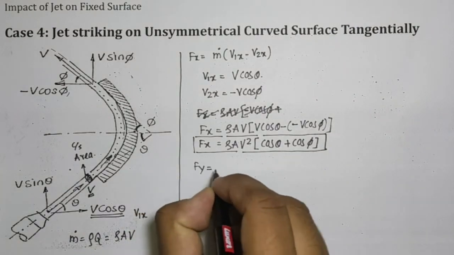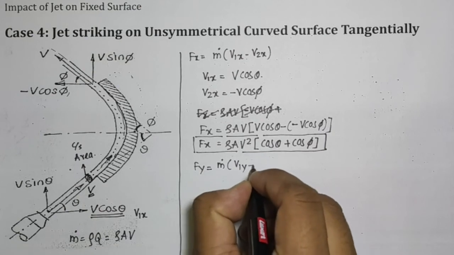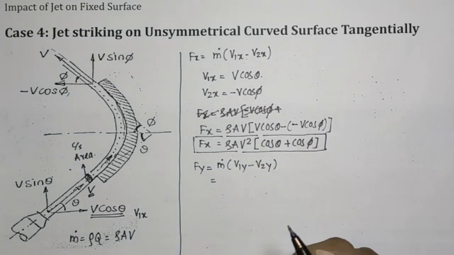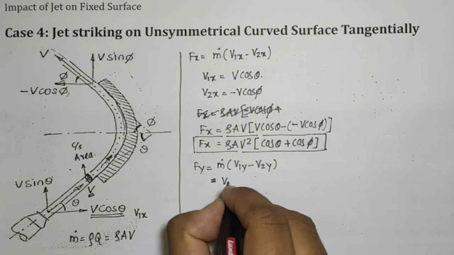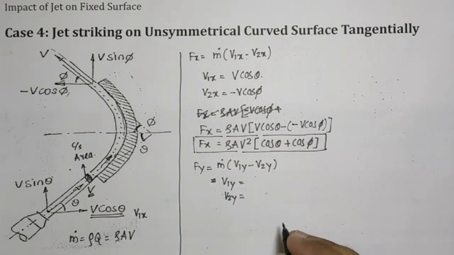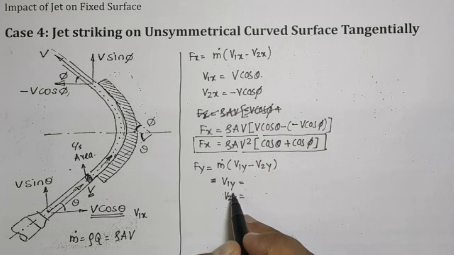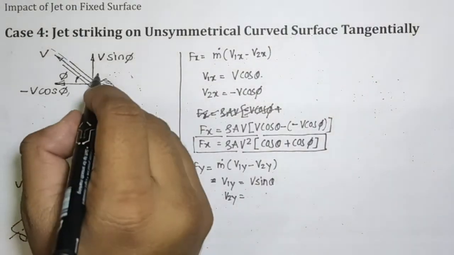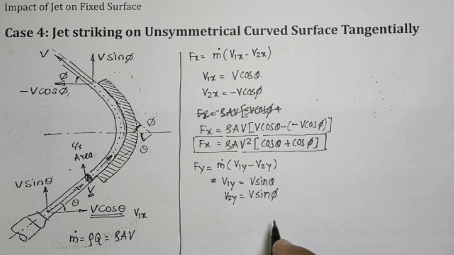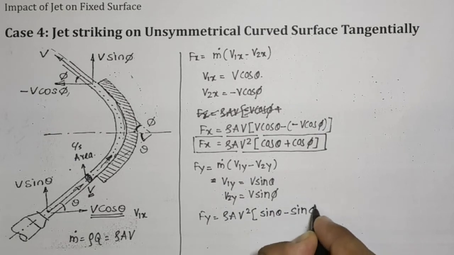Fy is equal to m dot (v1y minus v2y). Here v1y stands for the velocity of the jet before striking the plate in the y direction, which is v sin theta, and v2y is v sin phi. Putting these values in the equation, we get Fy is equal to rho a v square in bracket sin theta minus sin phi.